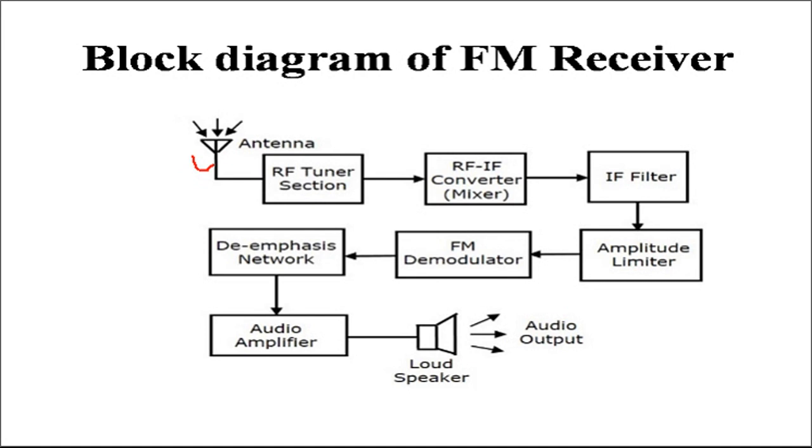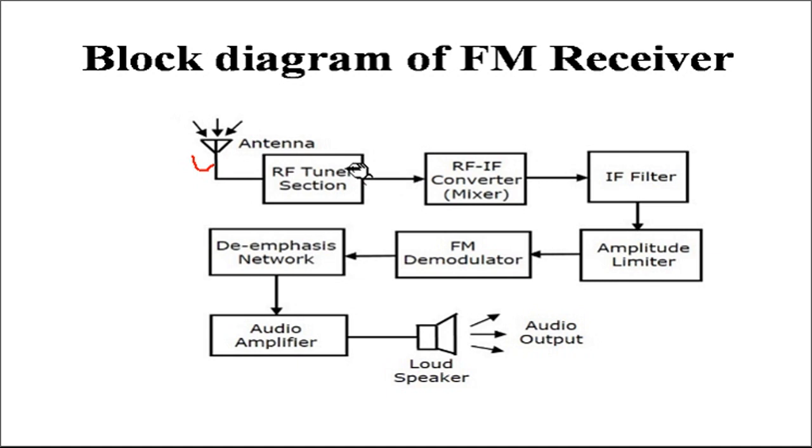So we will start with the first section, that is the RF tuner section. We know FM signal is received by the receiving antenna and is passed through this tuner circuit. It internally consists of a transformer, or you may say it is nothing but an LC tuning circuit, also called a resonant or tank circuit.